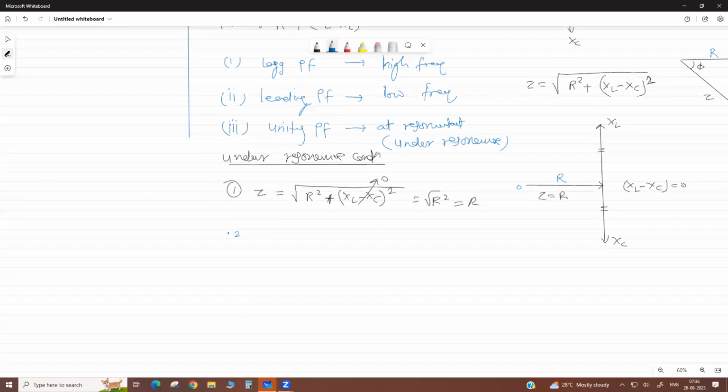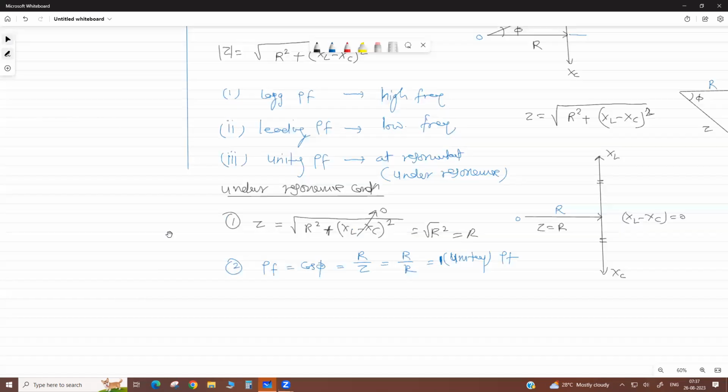Then you can calculate the power factor, cos phi. That is R by Z, no? But here R is also Z, R by R. It is 1. Unity power factor. 1. Unity, 1.